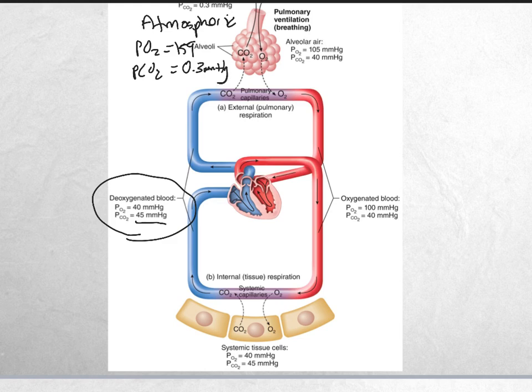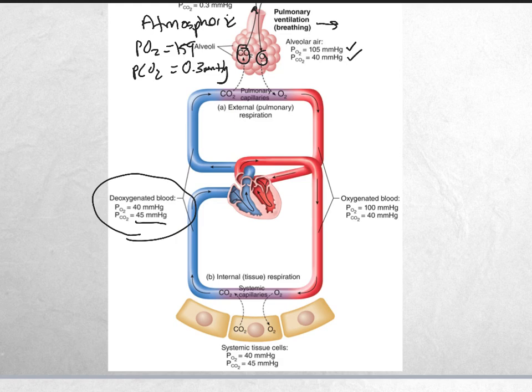Now, when we talk about what's happening on a pulmonary level, we see our arrows here, and we're going to have to draw them in and fill them in. So CO2 is going to be exhaled, and O2 is going to be inhaled. This is again called our pulmonary ventilation or breathing. We see that the pressures are going to be a little bit different.